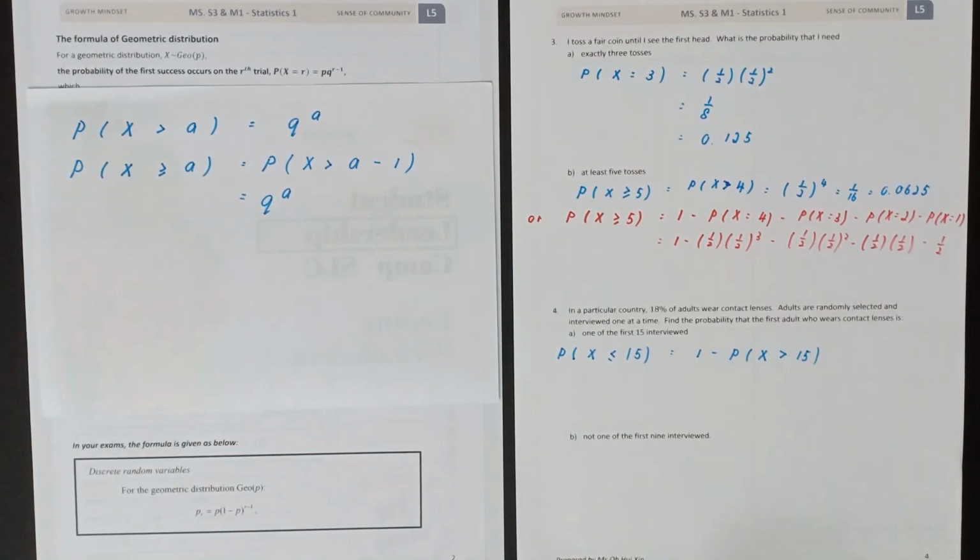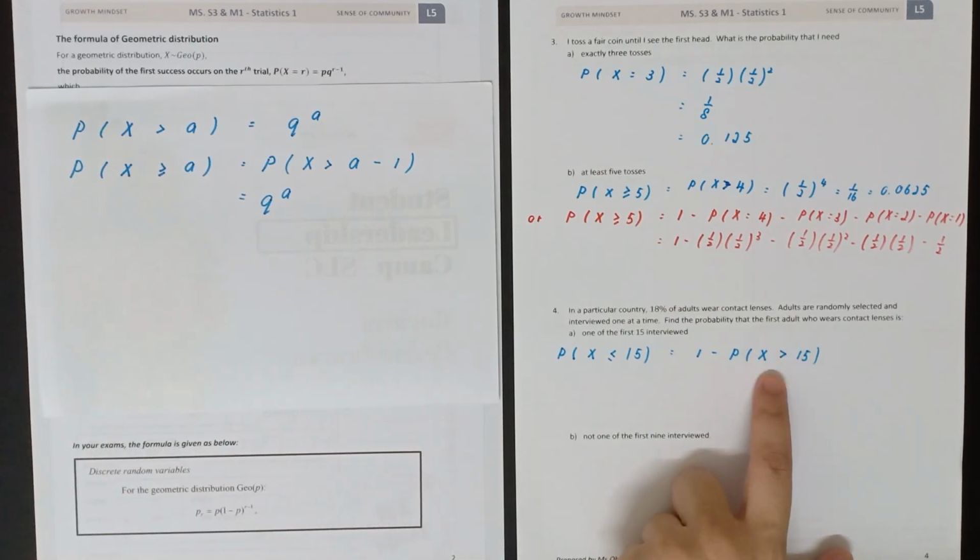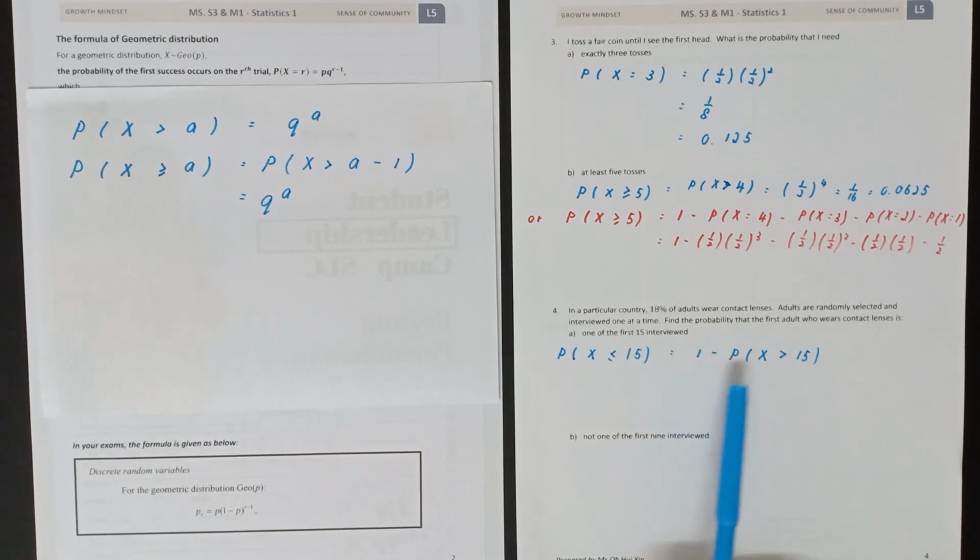What doesn't happen is that you didn't get the first success in the first 15, meaning your first success happened after the 15th person interviewed. So that's 1 minus the probability that X is greater than 15.